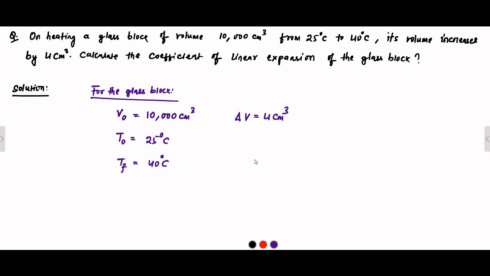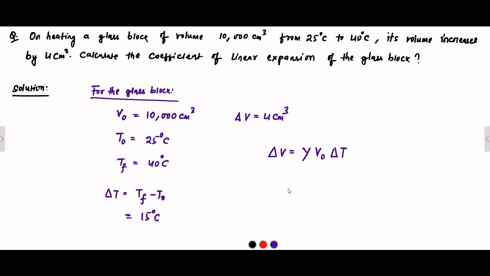Now we know for volumetric expansion, the change in volume is equal to the coefficient of volume expansion gamma, times the initial volume V0, times the change in temperature delta T. So here delta T is final minus initial temperature, which is equal to 40 minus 25, which is equal to 15 degrees Celsius.